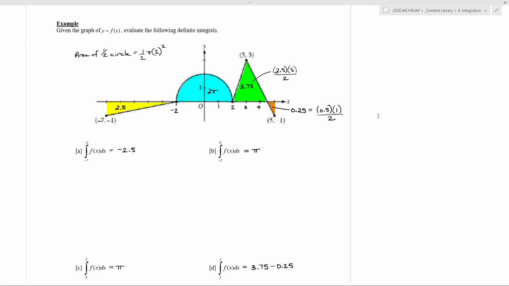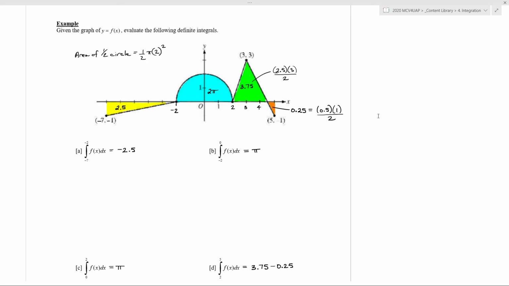When you're integrating from left to right, areas that are above the x-axis will contribute a positive number to the definite integral, and areas below the x-axis will contribute a negative value to the definite integral.